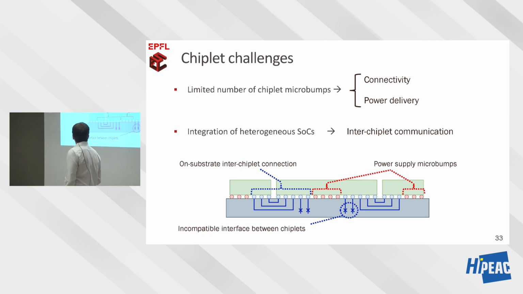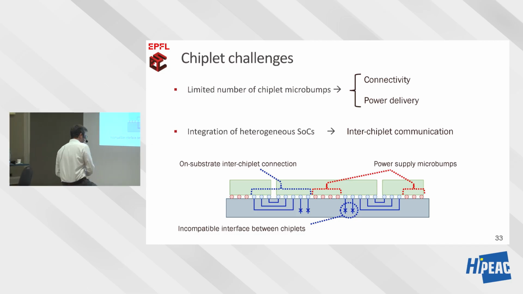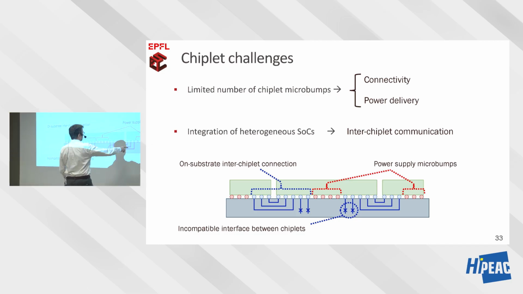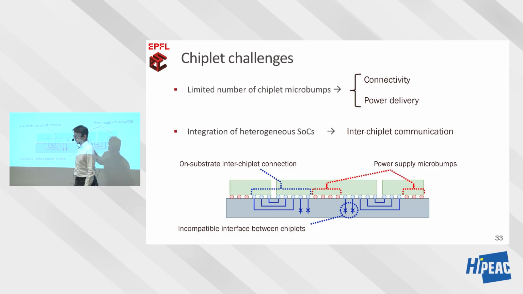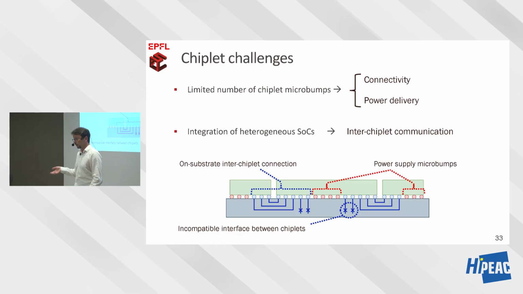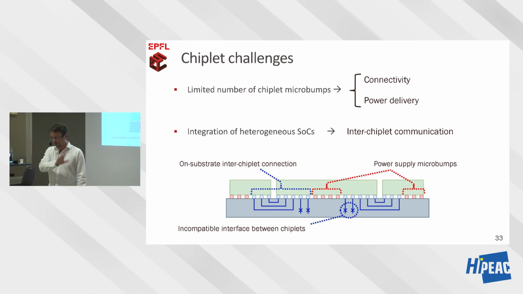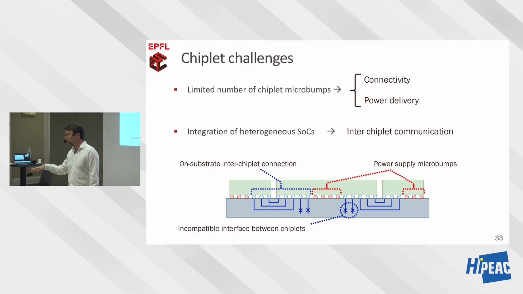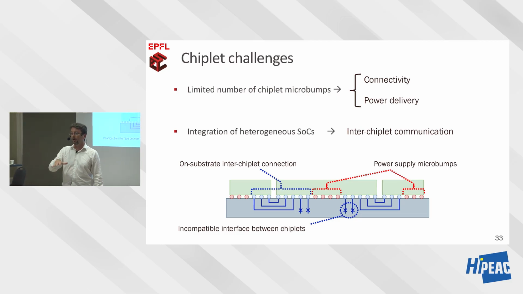One challenge is that by having the different chiplets communicating via microbumps through a substrate, you're introducing a bottleneck on how many microbumps you can actually have, and these microbumps must be shared between the communication between different chiplets, but also the supply of energy towards them.